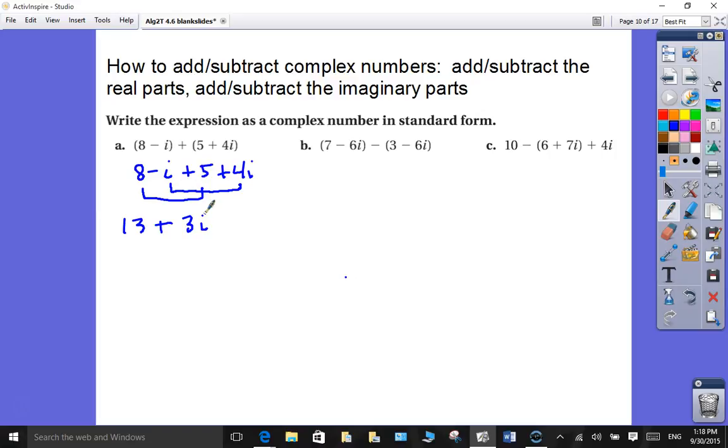Okay, when you subtract complex numbers, understand that complex numbers could have two terms, right? A real term and an imaginary term. And when you're subtracting in front of parentheses, you've got to be careful to distribute the minus. That's going to make that a plus 6i. I mean, that's most likely where you'll make the mistake here. Right? Make sure you distribute this. So I'm going to take a step and distribute that and lose the parentheses. So this is going to be 7 minus 6i minus 3 plus 6i.